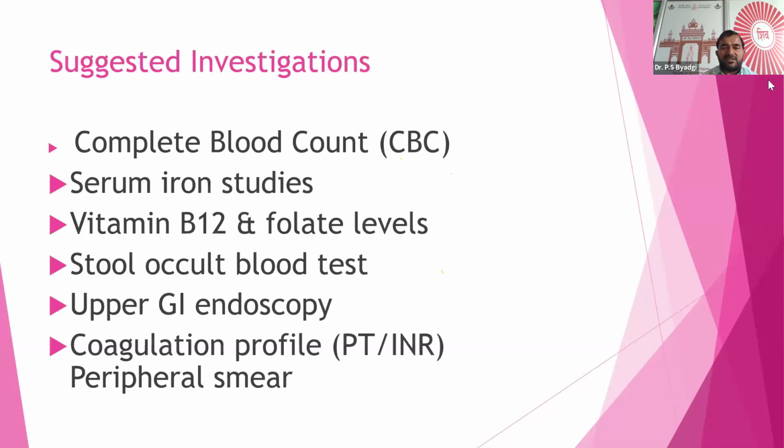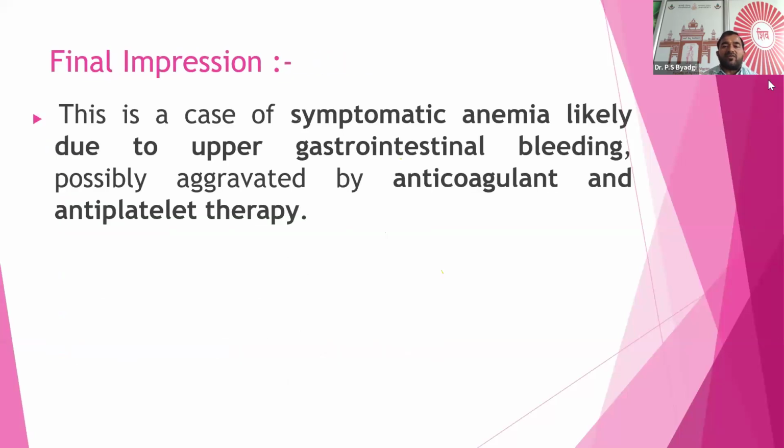Suggested investigations, as I already discussed, are what has to be done in this particular patient: serum studies, vitamin B12 and folate levels, stool occult blood, upper GI endoscopy, coagulation profile, and peripheral smear. So the final impression is a case of symptomatic anemia likely due to upper gastrointestinal bleeding, possibly aggravated by anticoagulant and antiplatelet therapy.